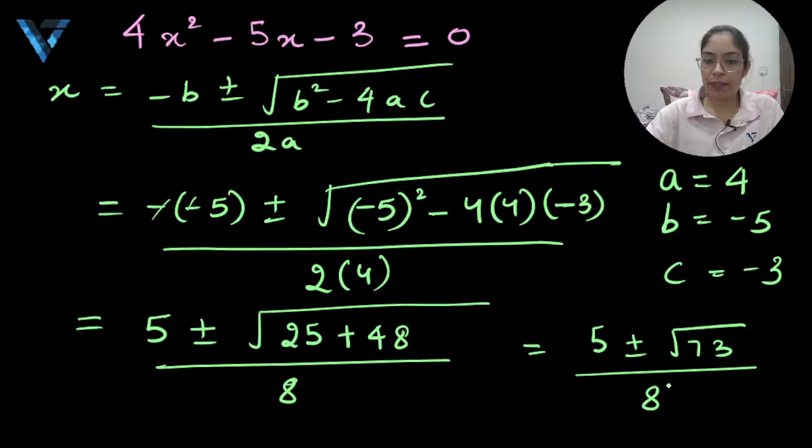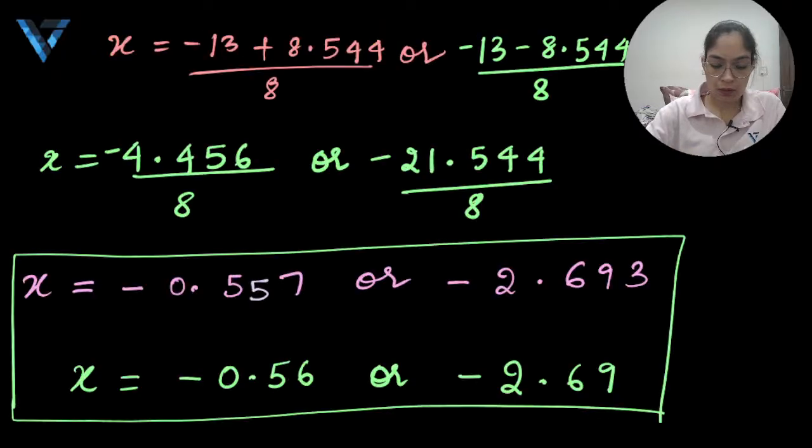So x is equal to 5 plus minus root 73 by 8. Now root 73's value we can substitute. What's the value of root 73? I think you told me.